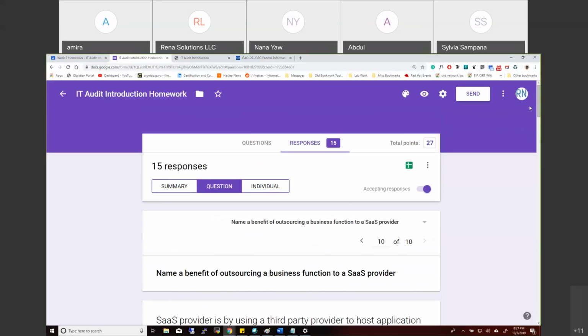It also saves you time, because if you own an application and have to maintain it, you need a bigger IT team. If someone else does the maintenance, all you have to do is use it. So it saves you resources and money because you would have to pay people to maintain that application.